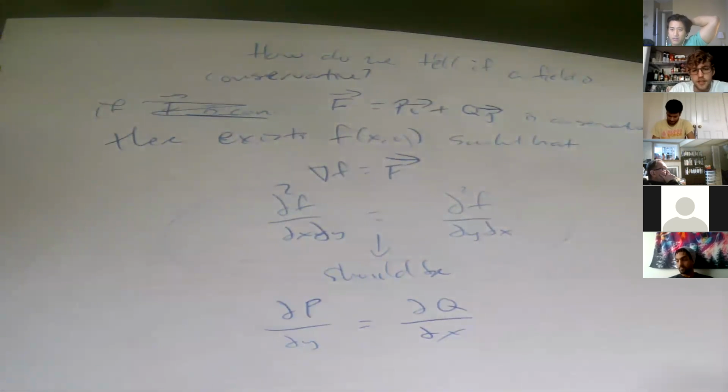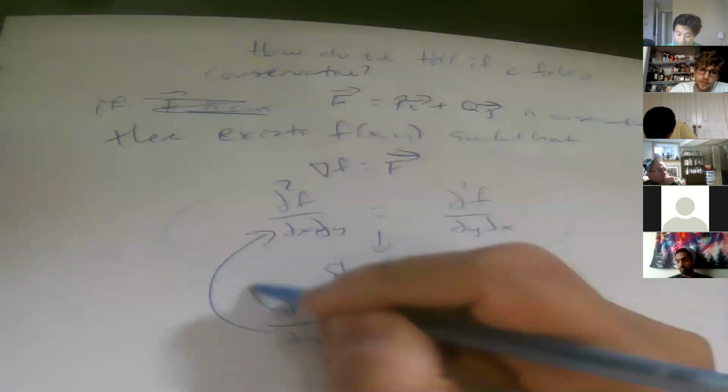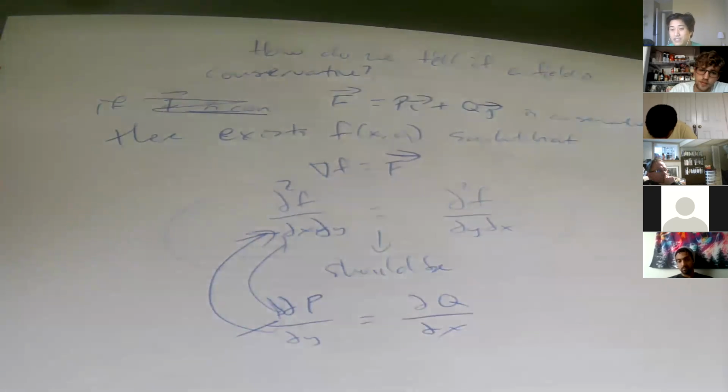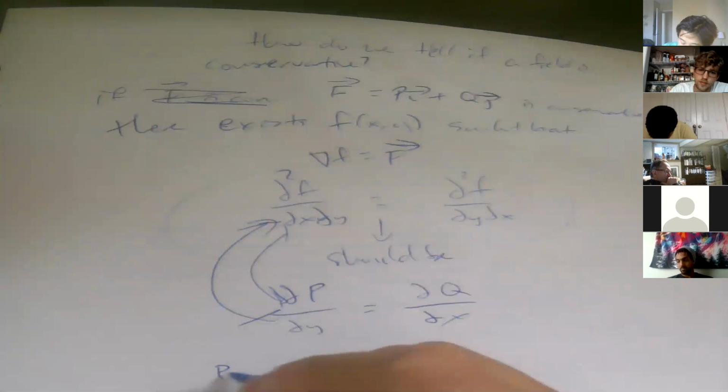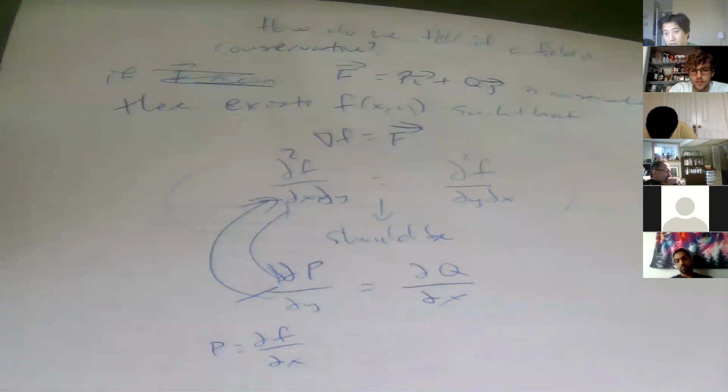Wait, what? dP/dy, that is the derivative, isn't P the... This is an equal sign. P is a derivative of, let's just write it down. P is df/dx, right?